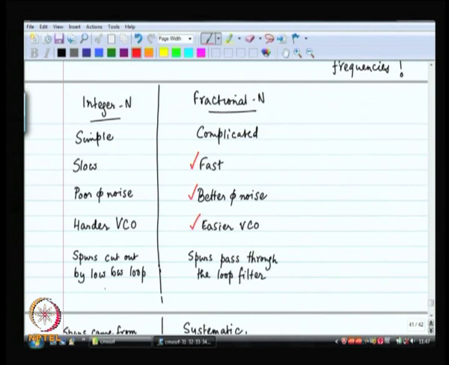These are the reasons I like it, okay. And there is nothing that you can do in the integer n circuit to improve these. You can't do anything to improve these things, it is just not possible. You have to have the loop bandwidth 1/10 of the channel raster.